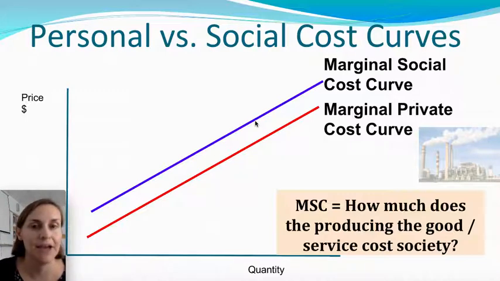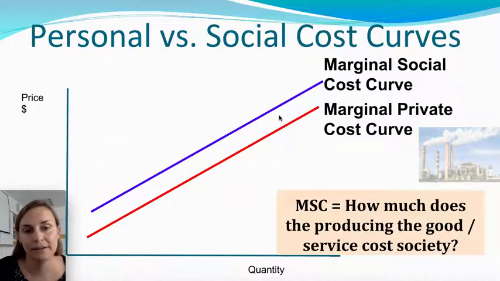People might ask, how do you know how far apart these curves are? The scientists and economists will have estimates, but we'll never really be sure how far apart these curves should be.